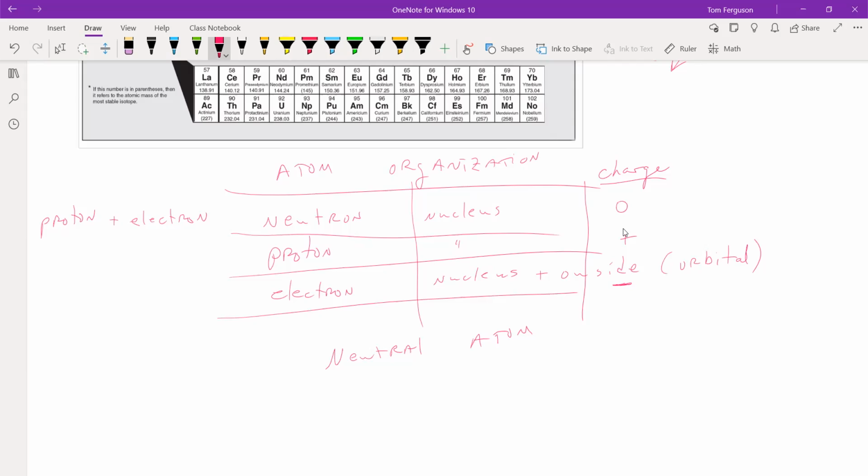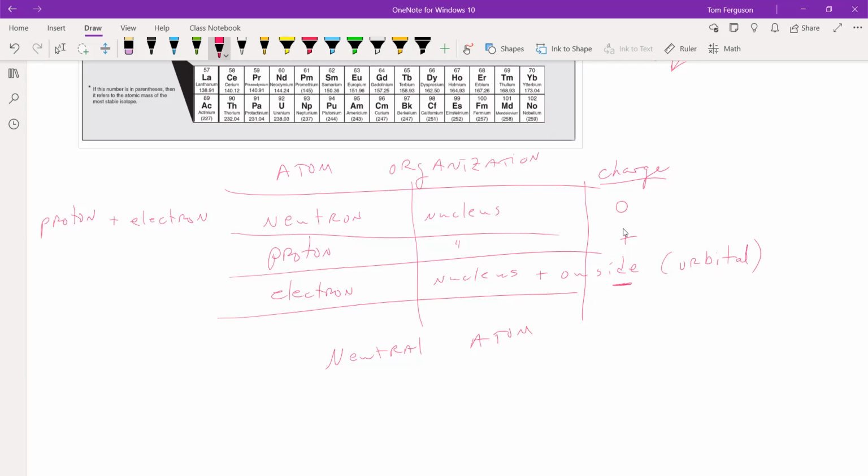Okay, so a neutron has a charge of 0 or no charge. Proton has a charge of +1, electrons -1. The +1 and the -1 are exactly the same amount of charge, just opposite. And they measure that in coulombs.